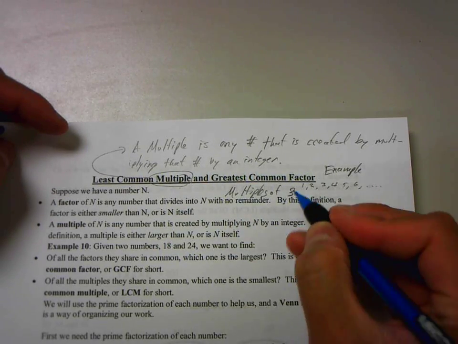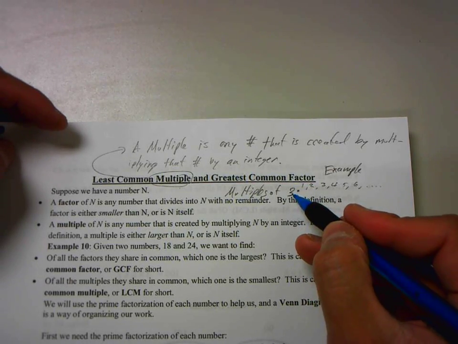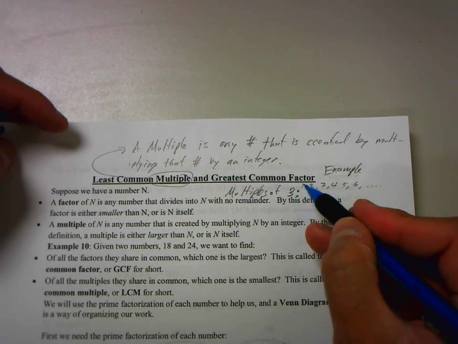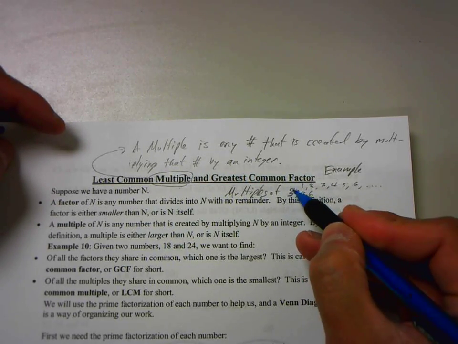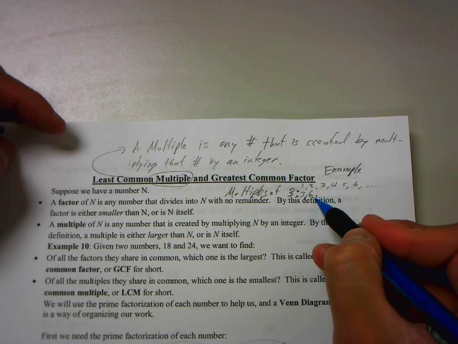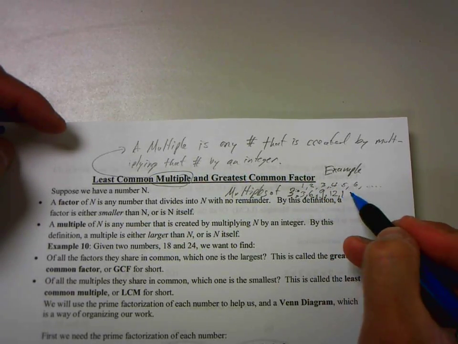And so what are the multiples of 3? You multiply here. 3 times 1 is 3. 3 times 2 is 6. 3 times 3 is 9. Okay? 3 times 4 is 12. 3 times 5 is 15. 3 times 6 is 18.